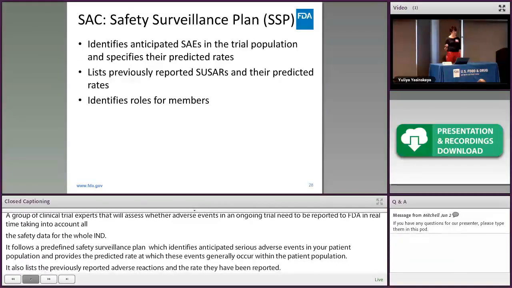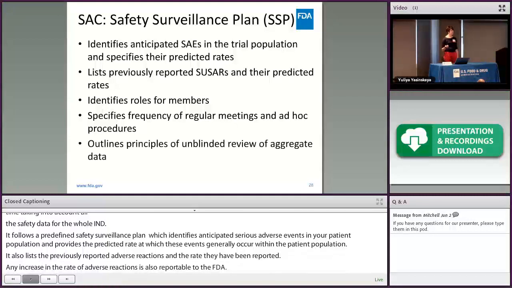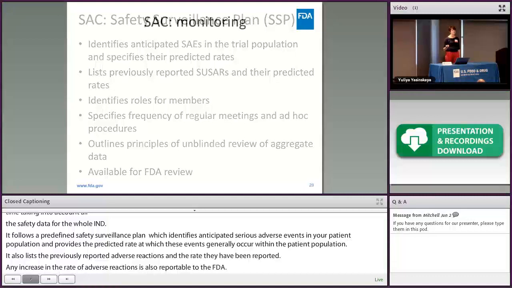It identifies the roles for its members, specifies the frequency of regular meetings and ad hoc procedures, outlines the principles for unblinded review of safety data, and is available for FDA assessment.